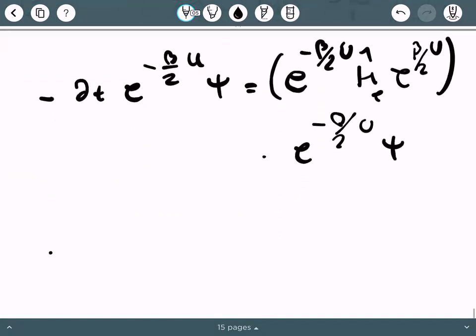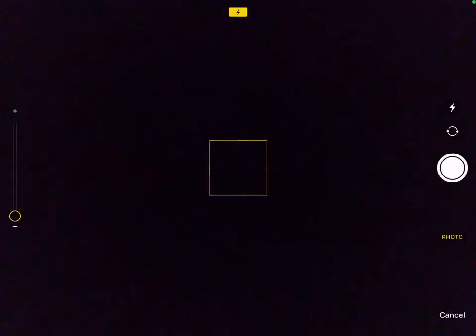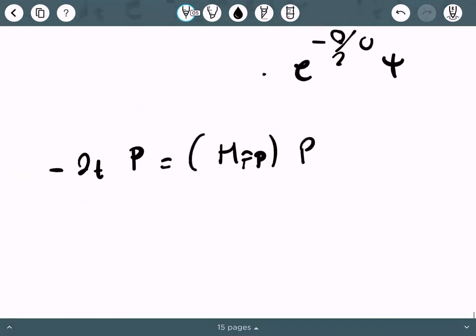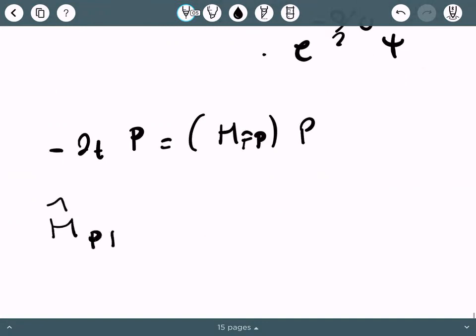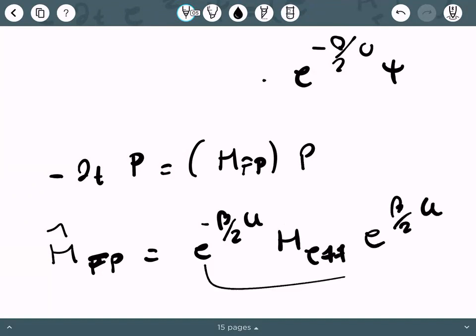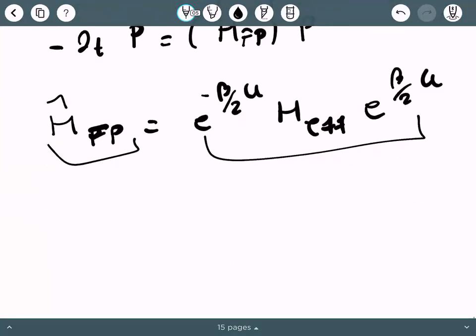So you can rewrite this as a Fokker-Planck equation again. So I've gone back and forth to the Fokker-Planck equation. But basically, what I've done here is to show you that the Fokker-Planck operator can be written in this form in terms of the effective Hamiltonian.